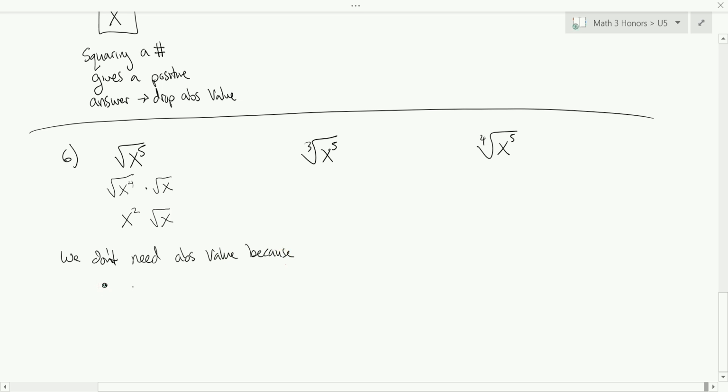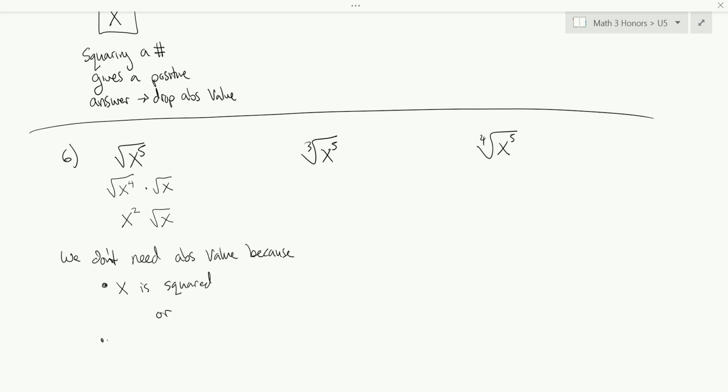Because x is squared. Or the other one we can use, and the other one's going to be important later on when we don't have x squared. Even if x weren't squared, I could also in this one say that we don't need the absolute value because I know that x has to be positive in this problem.